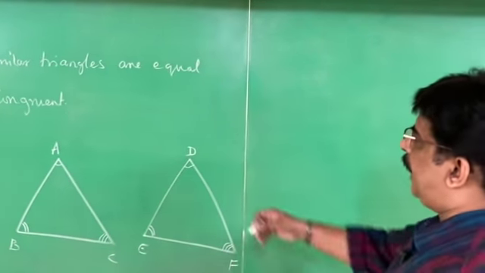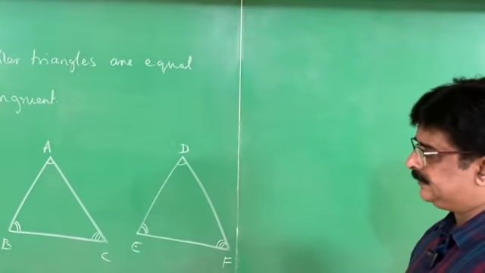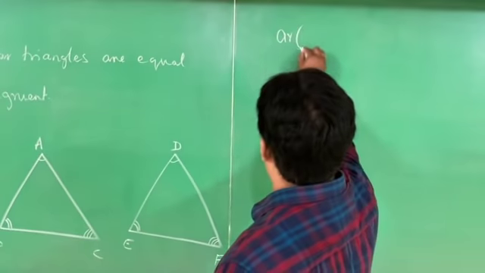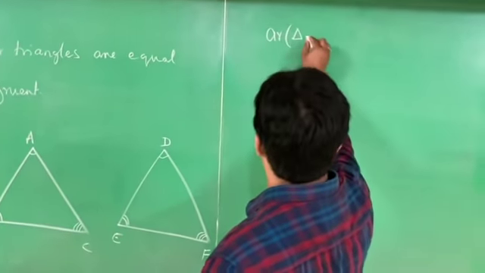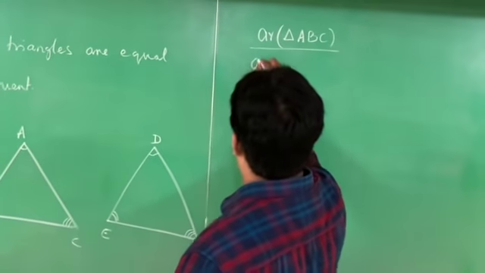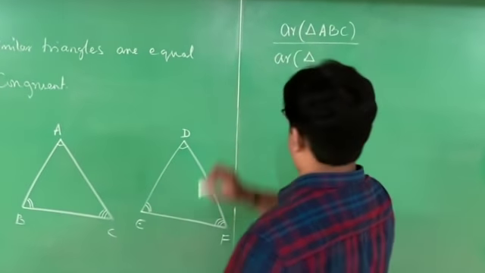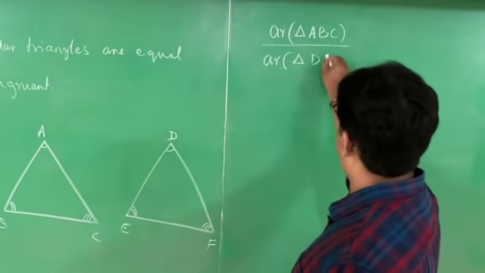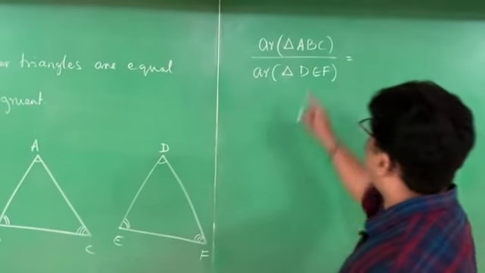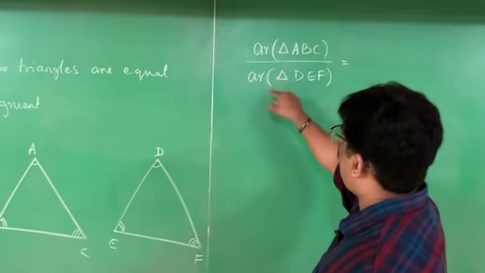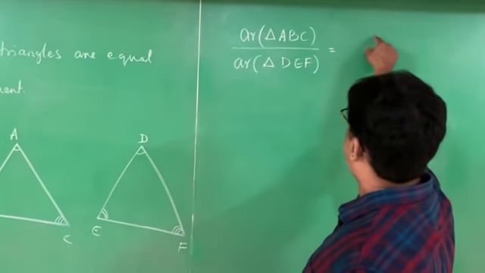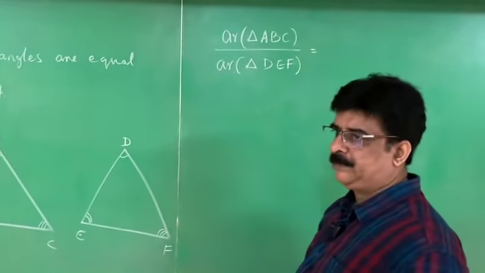See here, I directly apply the theorem. The theorem is: area of triangle ABC by area of triangle DEF. You have to apply the theorem now. Ratio of areas of similar triangles is equal to the square of the ratio of their corresponding sides.